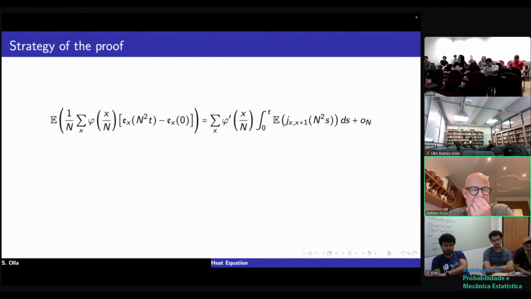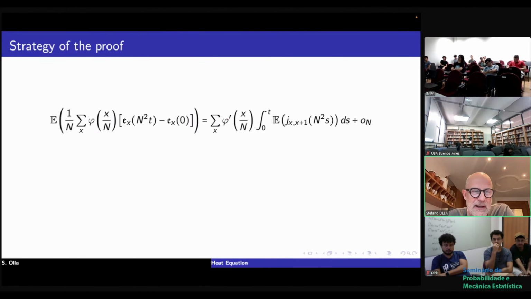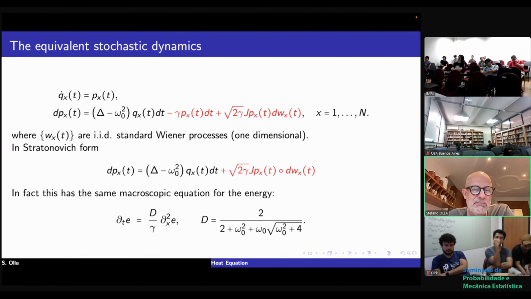And now, if you have a question about the statement of the problem and the result, is now the moment, because otherwise I will start to talk about how we prove this theorem.